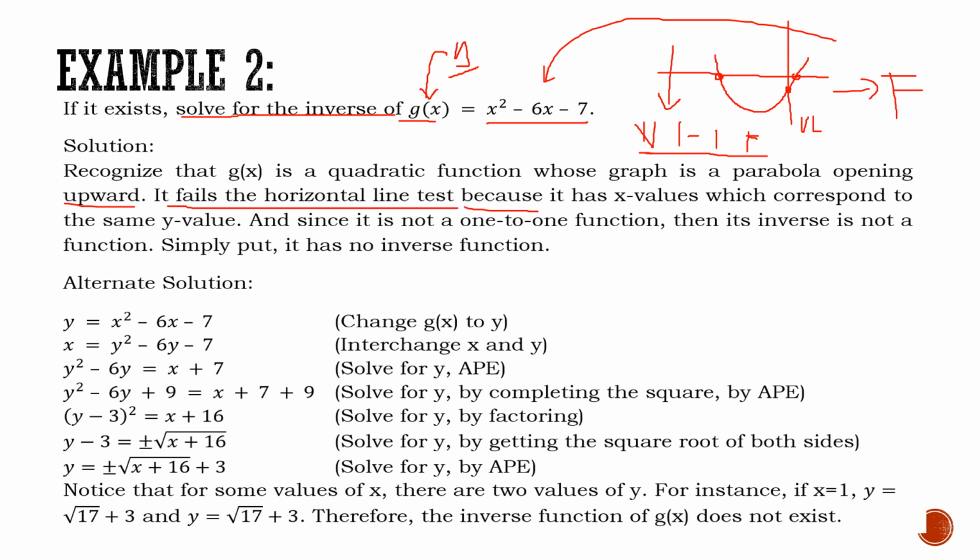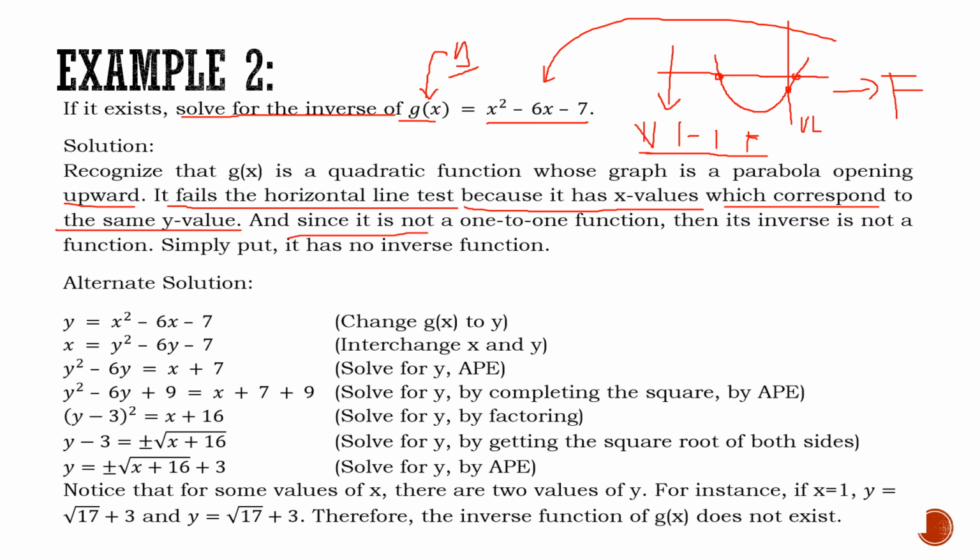It has x values which correspond to the same y value. When you say one-to-one function, there is no repetition in your x values and your y values. Here, there is a repetition in your y values. That's why it is not a one-to-one function, or it fails the horizontal line test.